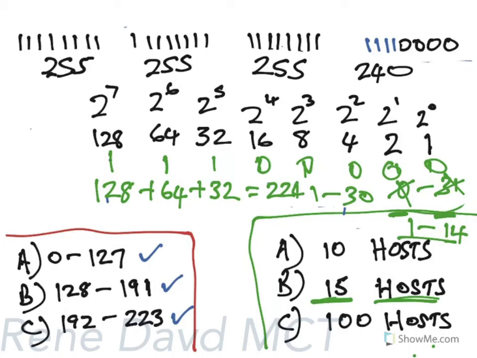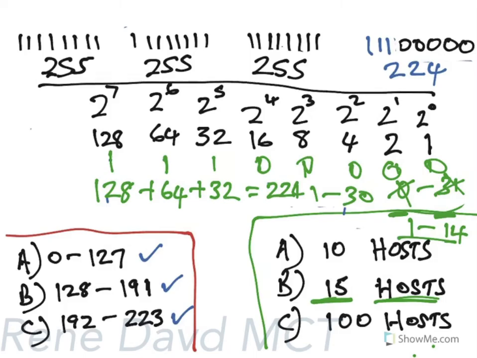So up here, we've got to just remove 1 bit, and if we do that, we end up with 2, 2, 4, 1, 2, 3, and obviously there's an additional 0 there. So our subnet mask here, if we need 15 hosts per subnet, is 255.255.255.224.